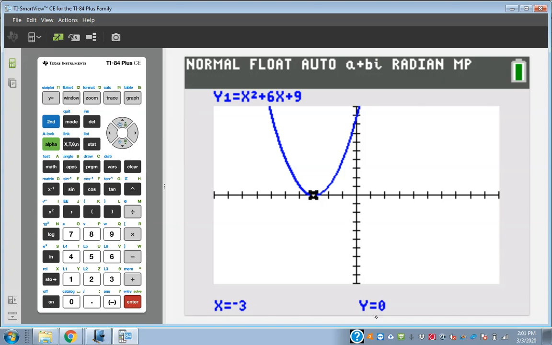Now I'm going to trace -3. You've got the stat plot on. Press the arrow, hit enter to turn it off. Then trace, -3.